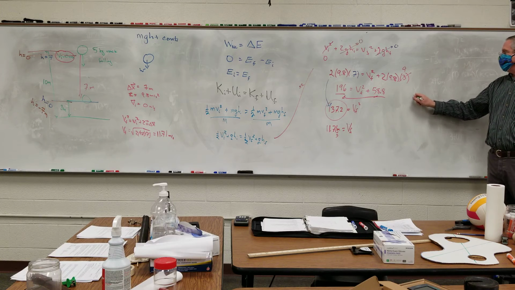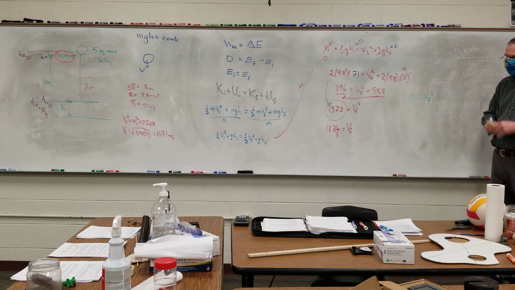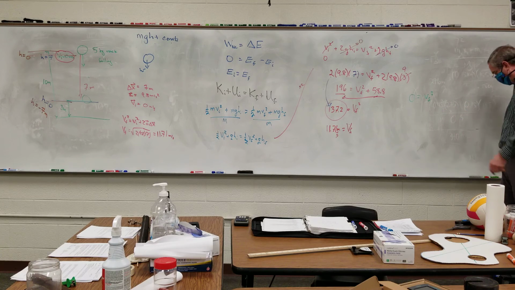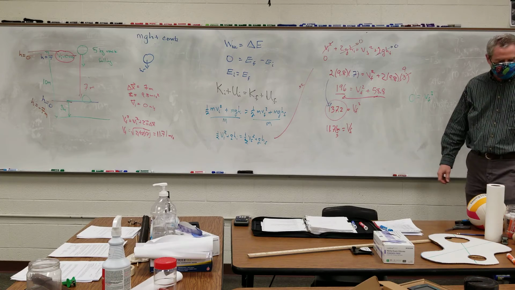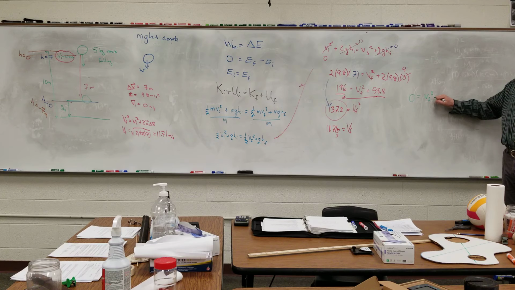And so we end up with 0 is equal to VF squared plus 2G, and then this would be negative 7.